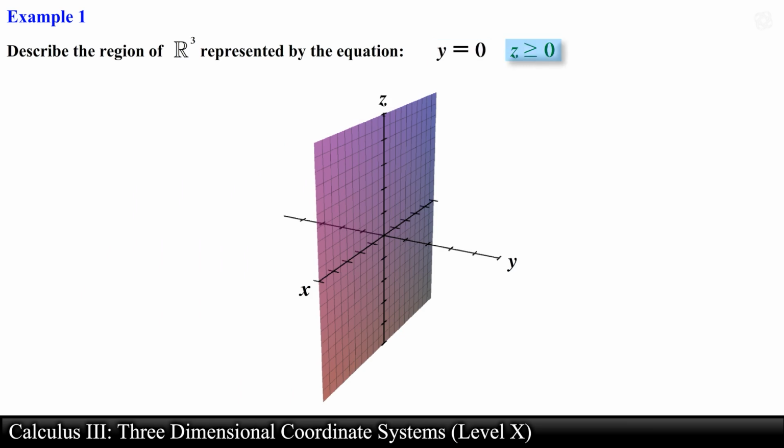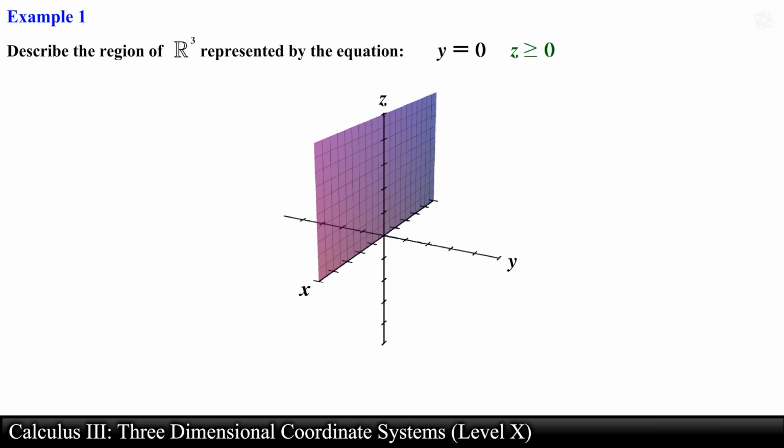Next, we apply the restriction. In this case, we only want that part of the graph where the values of z are greater than or equal to 0. This means that we only want that part of the graph that is located on the regions where the values of z are positive. In this case, everything above the xy plane. So our graph will look like this.